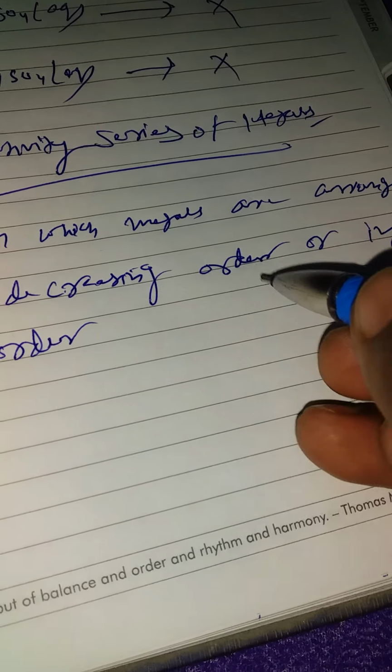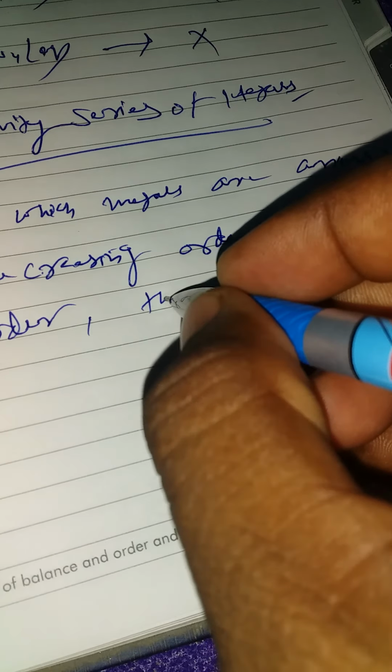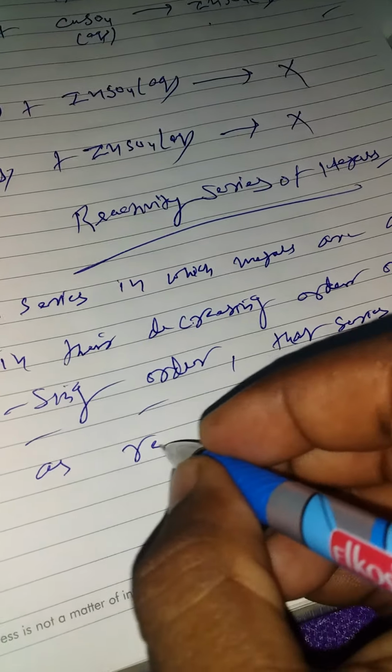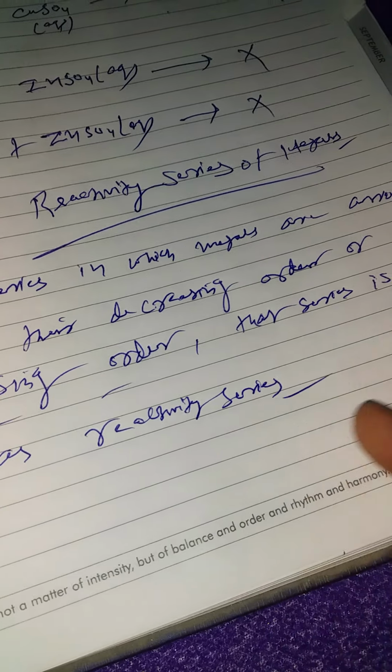A series in which metals are arranged in decreasing or increasing order, that series is known as the reactivity series.